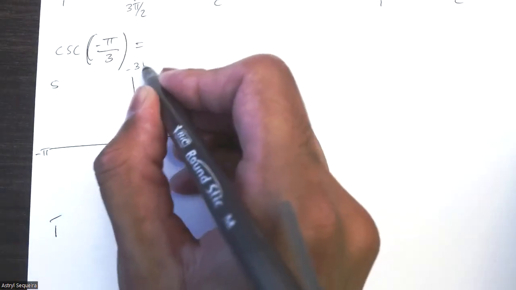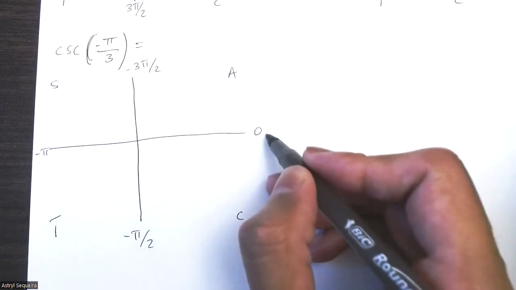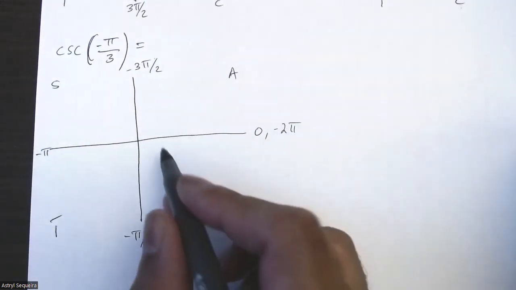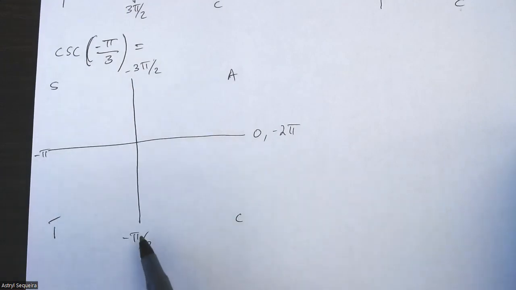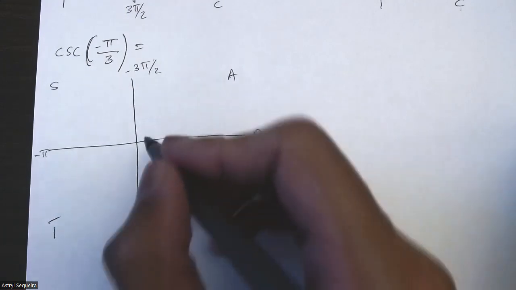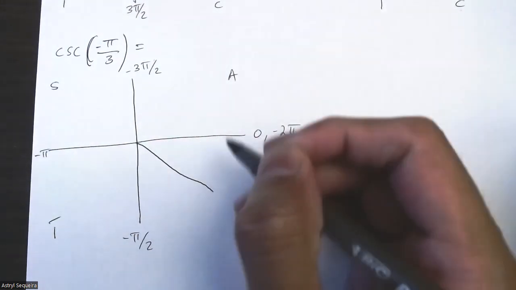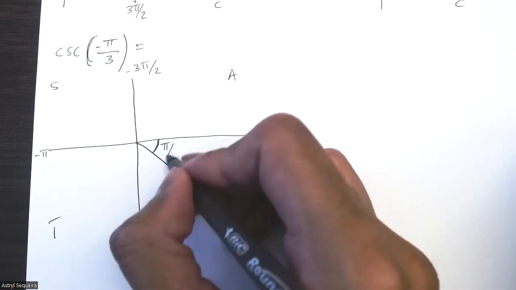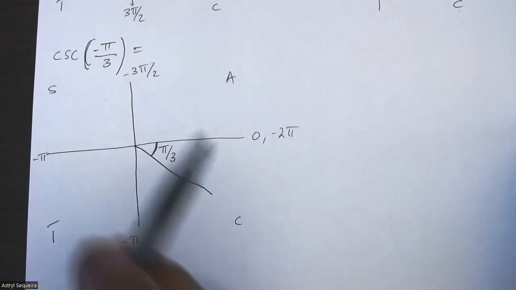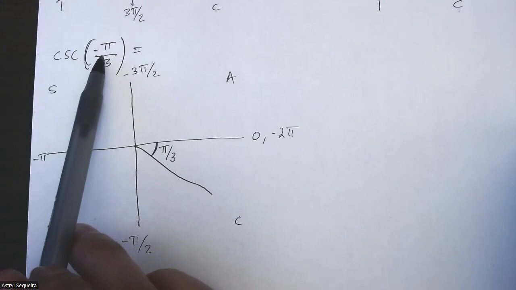This is negative 3 pi over 2. And then this is negative 2 pi. So the direction just flips. Negative pi over 3 is just between 0 and negative pi over 2. So it's in this fourth quadrant over here. And then the acute angle is just pi over 3, because that's how much distance we've traveled.